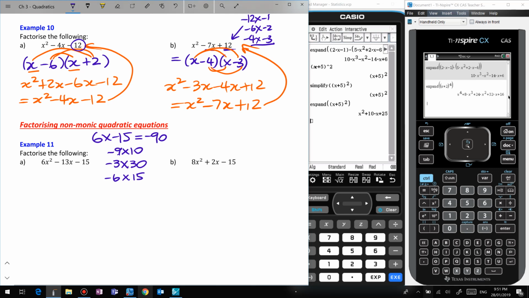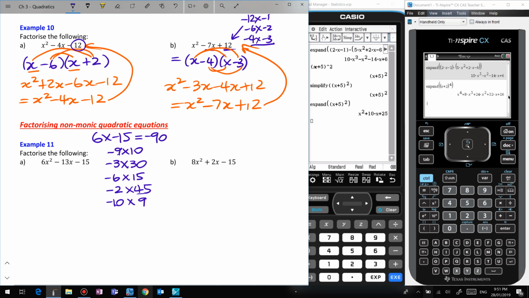What else could we do? We could divide this one by 3, negative 2, times this one by 3, 45. Still no good. What about if we divide this one by 5, we get 9, and if we times this one by 5, we get negative 10. Still no good.